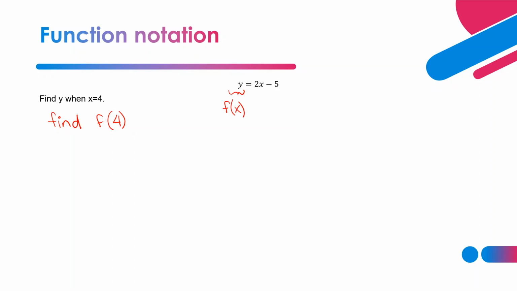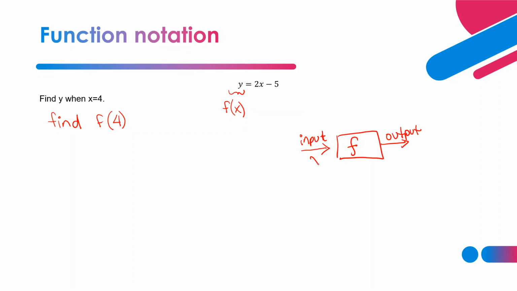Because if you think about functions, what it means to be a function is almost like a function machine where I put some type of input. My input is all the possible values of x into this function machine, and then I get an output. So what does that really mean?